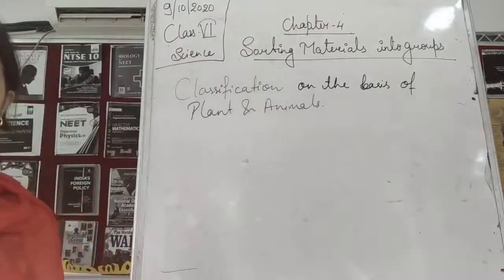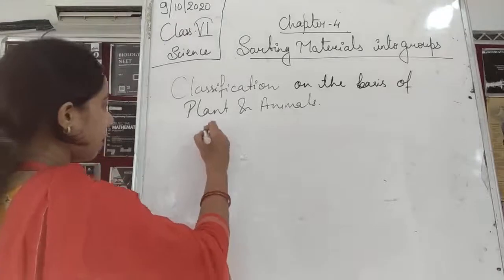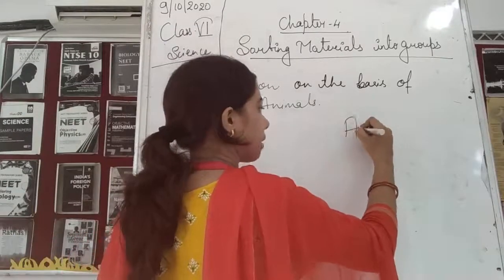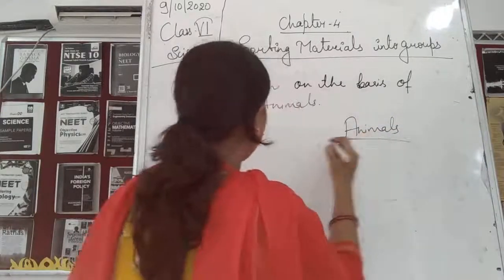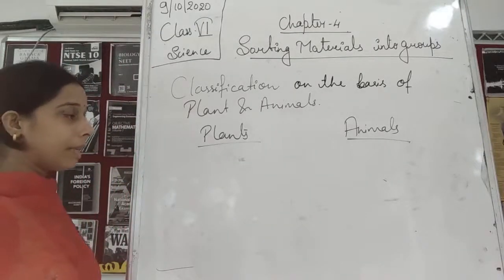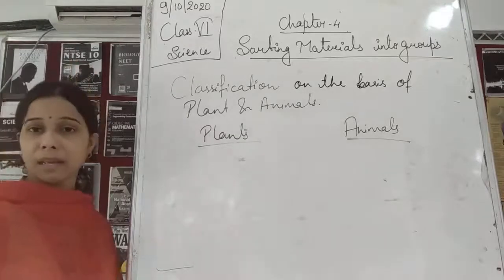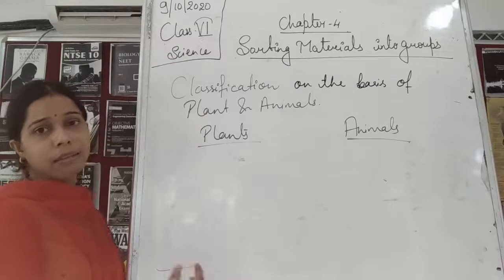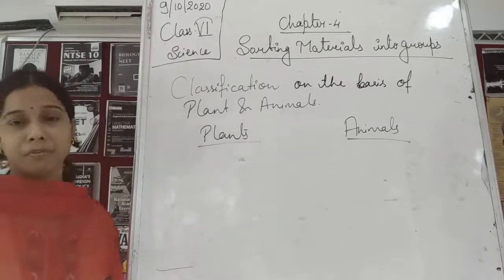Now if we talk about the plants, students, living organisms have been classified into plants and animals. Basically the characteristics of plants and animals are almost the same, plants respire, animals also respire, they need food, animals also need food, but somehow they differ from each other.